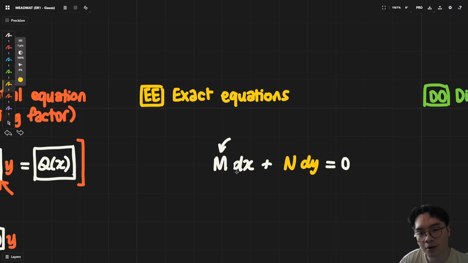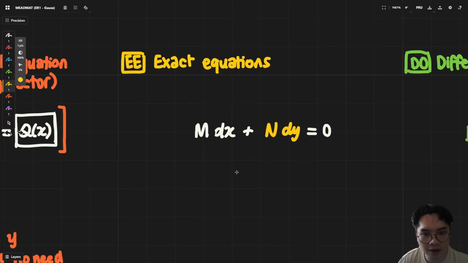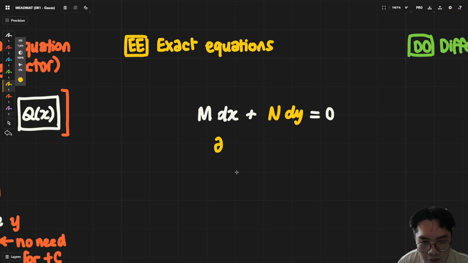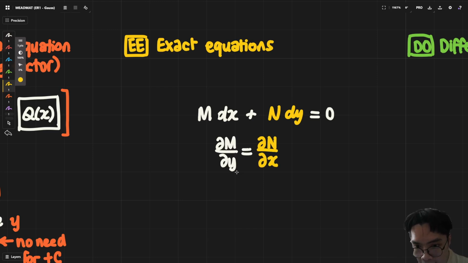The thing now is that for us to be able to tell if they are good for exact equations is this: the partial derivative of M with respect to y, aka the variable that it is not stuck to, is equal to the partial derivative of N with respect to x, which is the variable that it's not stuck to.